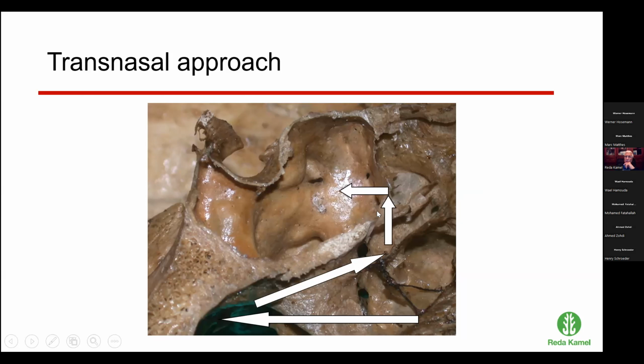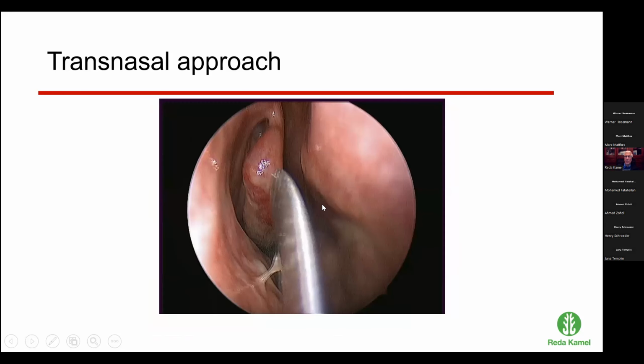The distance between the ostium and the choana is very variable, so don't measure. Basically, look for the sphenoid sinus ostium. Identifying the ostium will give you the passage into our target, the sphenoid sinus and sella and planum and clivus and so on, according to our need.